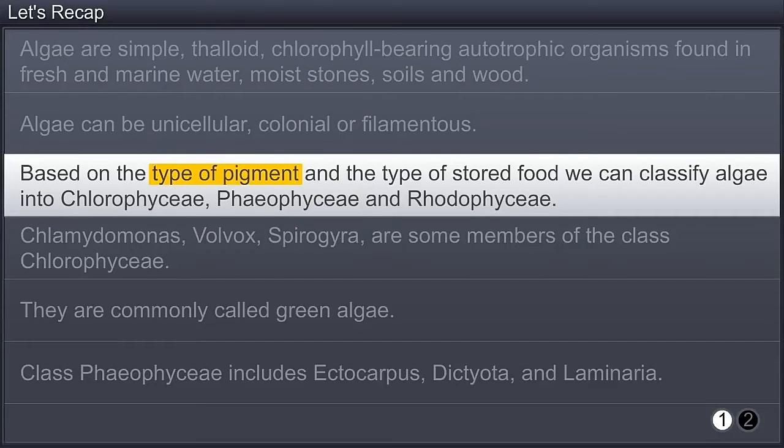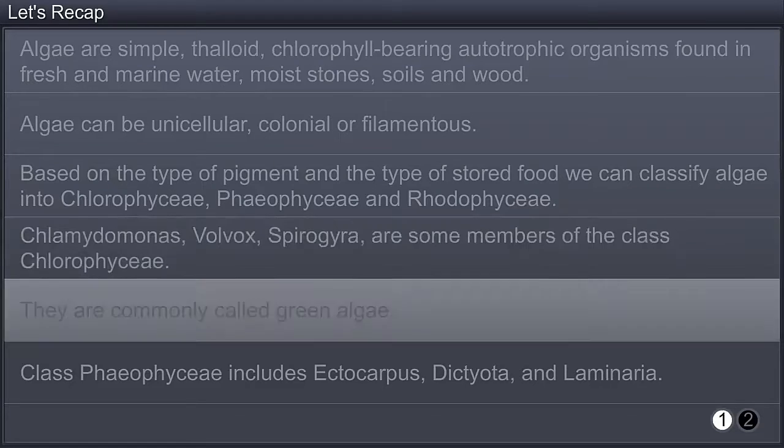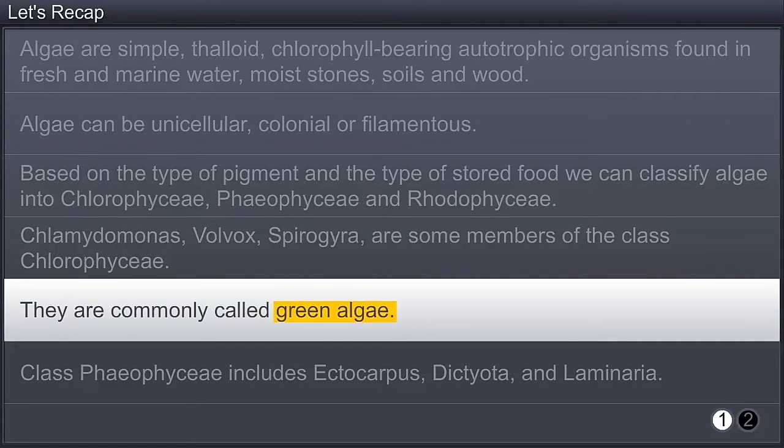Based on the type of pigment and the type of stored food, we can classify algae into Chlorophyceae, Phaeophyceae, and Rhodophyceae. Chlamydomonas, Volvox, Spirogyra are some members of the class Chlorophyceae. They are commonly called green algae.